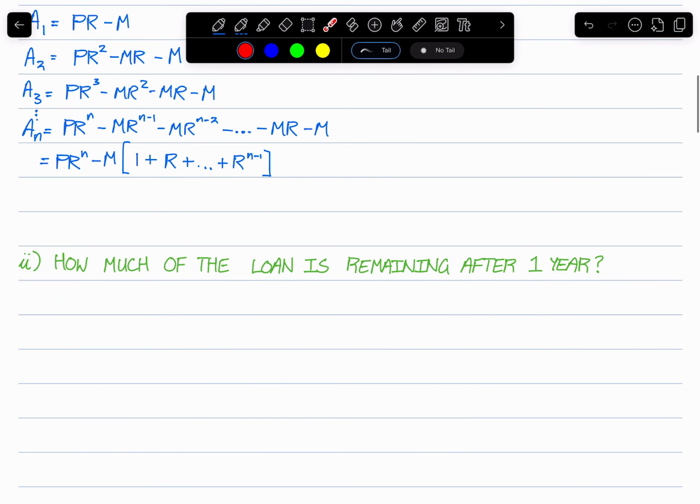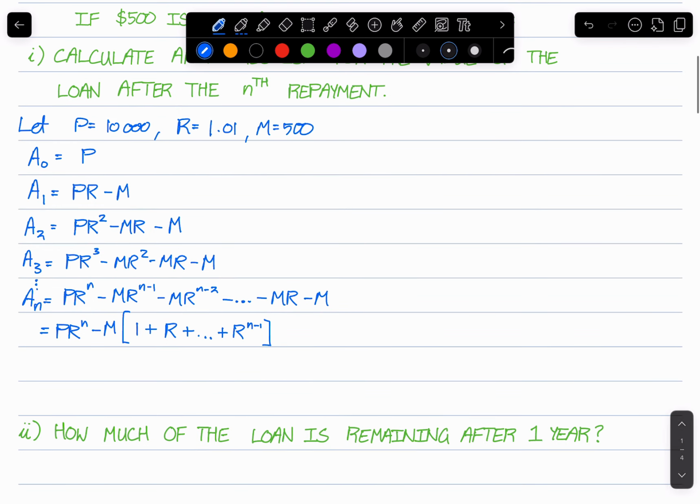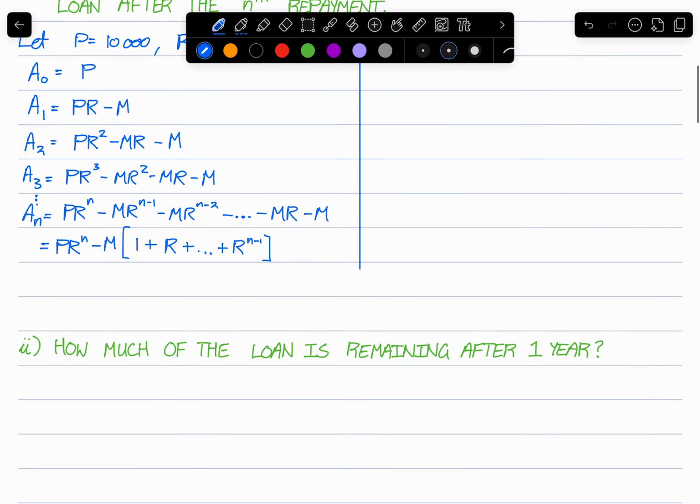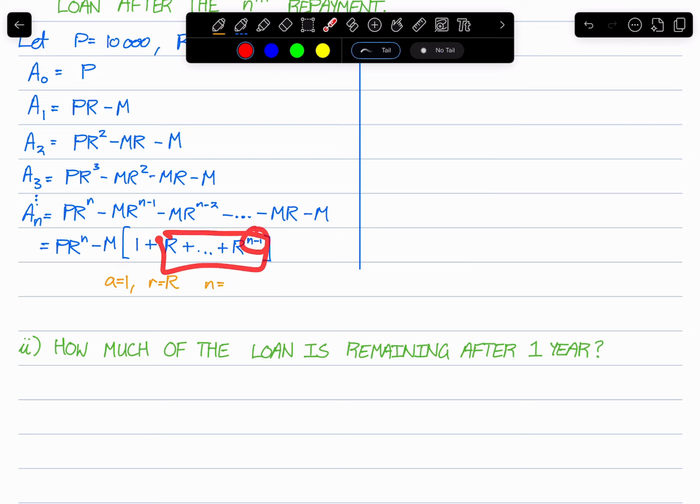And from here again, this is where the sum of the geometric series comes in. I'll write it here. I'm going to let a equal 1, little r just be capital R. And once again, counting this, there are n minus 1 R terms plus one more term, so there are n terms.